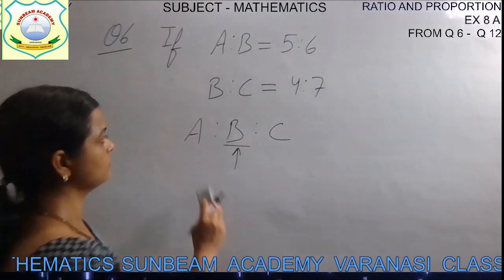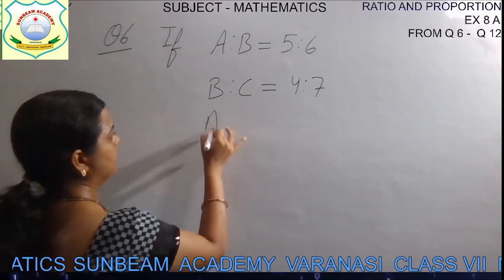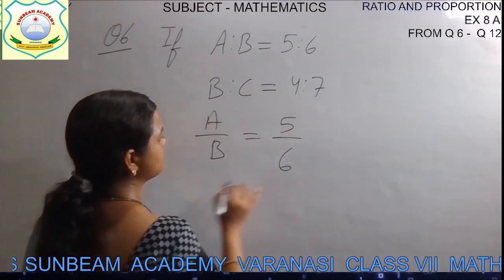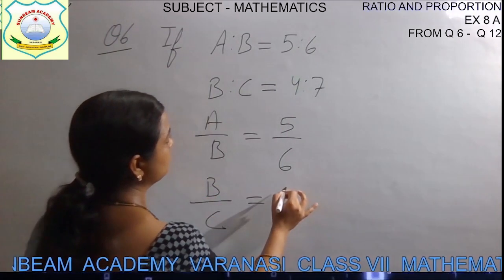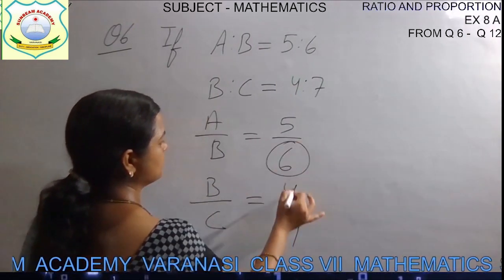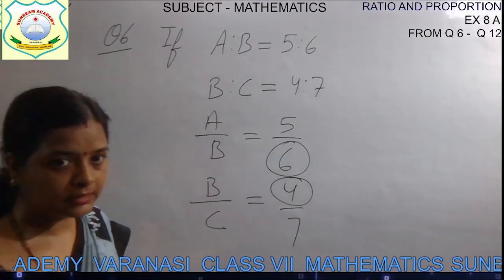Now, let's write down. A by B is 5 is to 6 and B is to C is equal to 4 is to 7. Children, here B is 6 and in this case B is 4. Are they same?